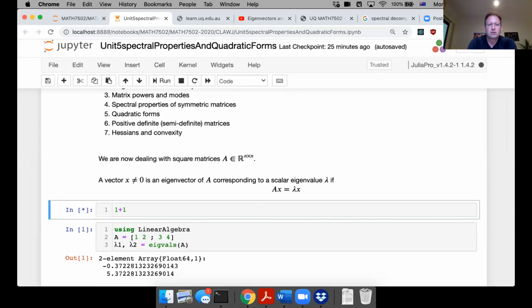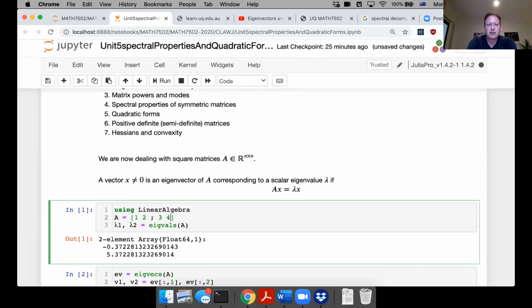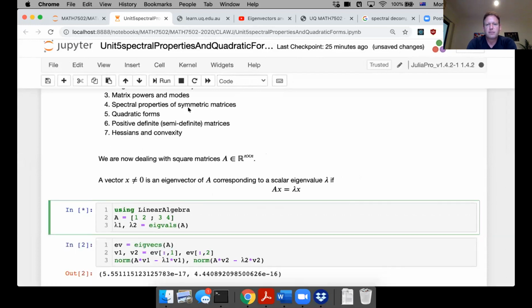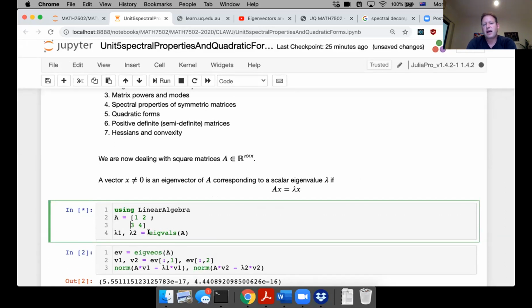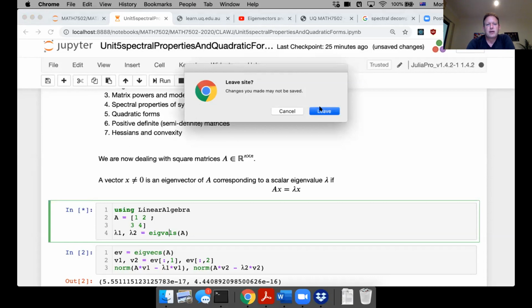Okay, so the first thing I want to do, just to get this running, I might need to restart it in one way or another. But this is just a matrix, 1, 2, 3, 4. And I'm going to use the eigvals function from linear algebra to give me the 2 eigenvalues for this matrix. Let me just restart it.